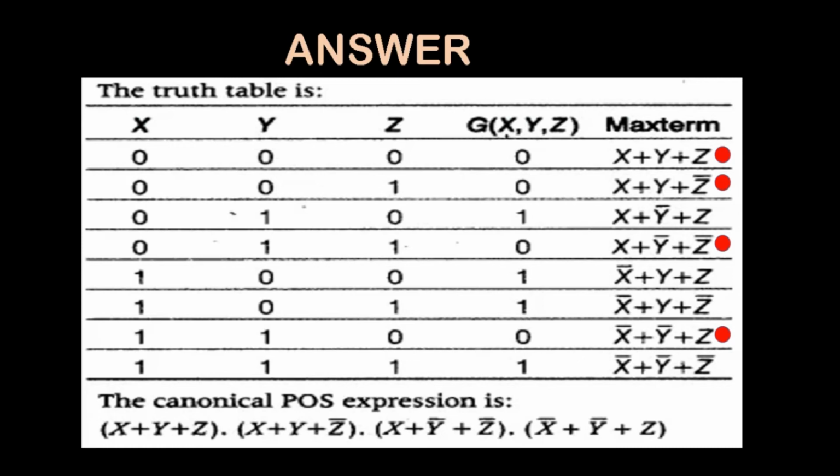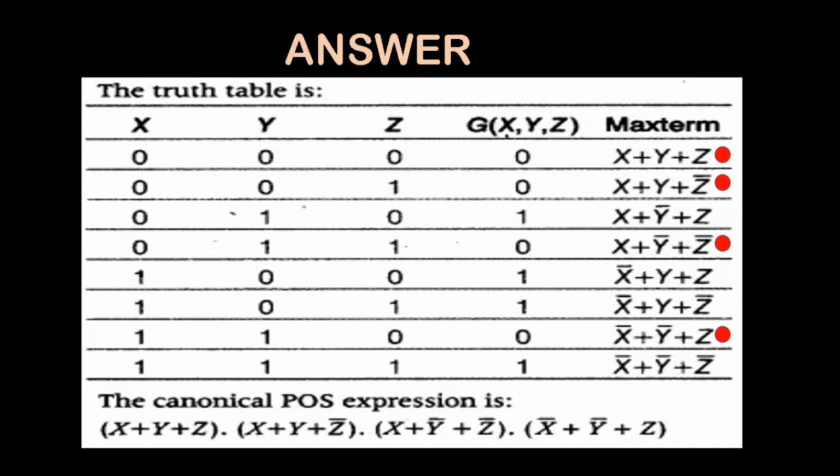In the first row, I have a value 0. First of all, I have written the max terms for the entire table, all the combinations. Whichever row I am selecting is marked by a red dot here, to show that I am selecting those max terms.